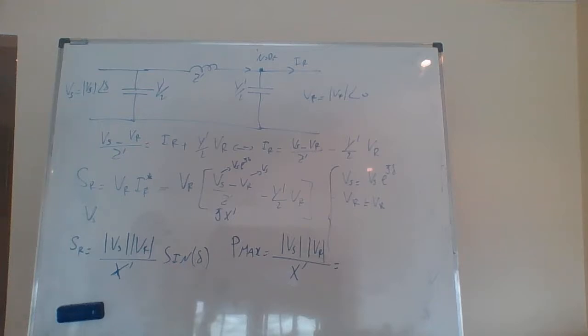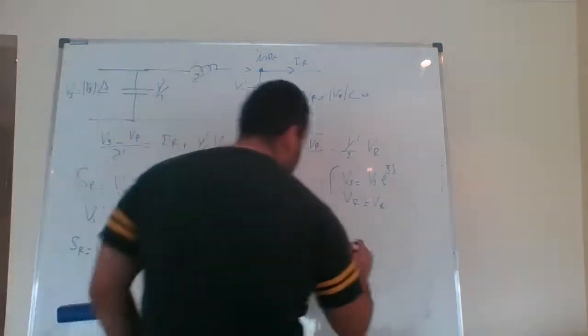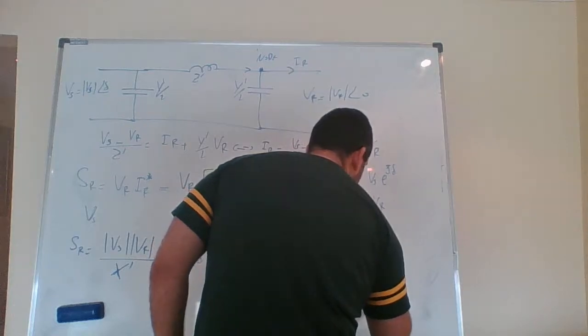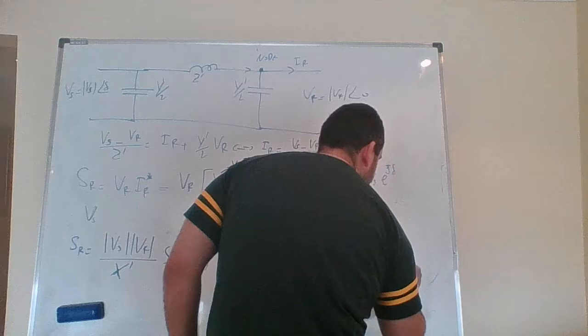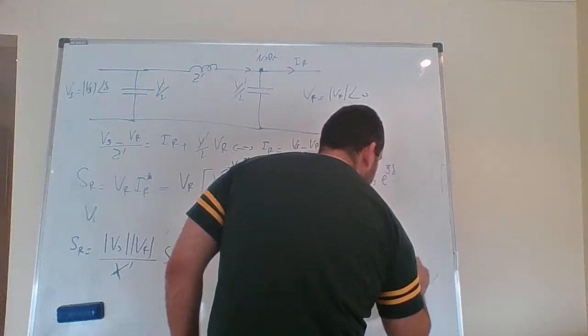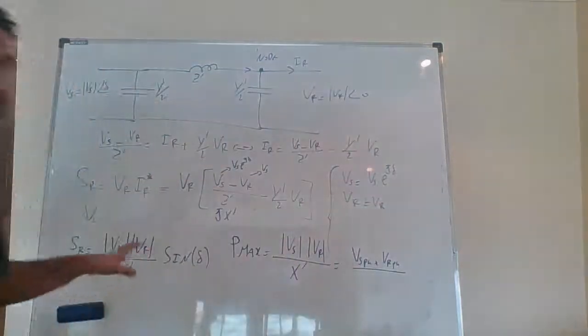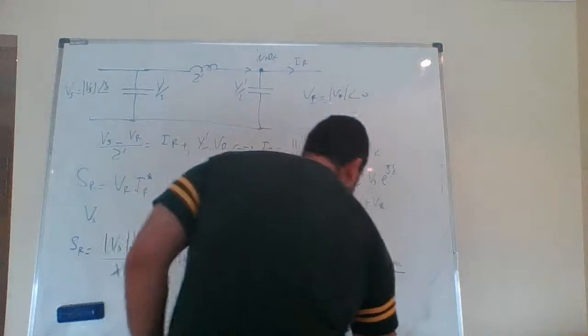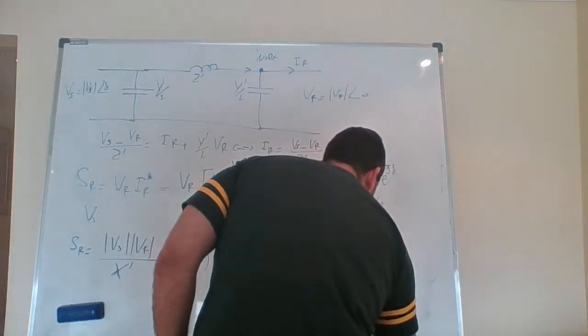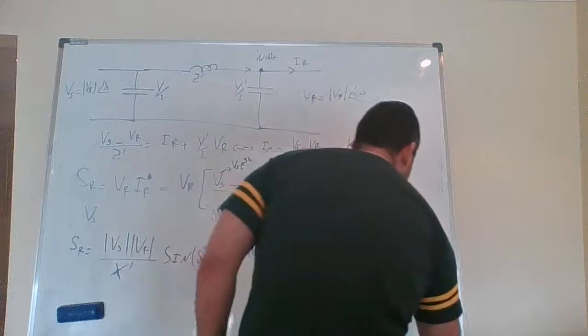this system is equal to Vs per unit multiplied by Vr per unit divided by, I have to use now, that's why I did the wavelength, sine 2 pi L over lambda, sine 2 pi x over lambda, the SIL.